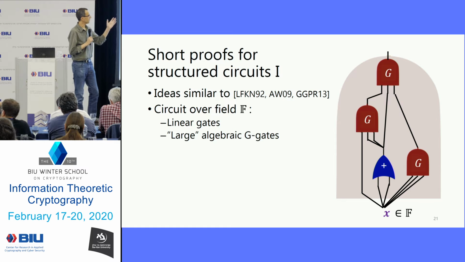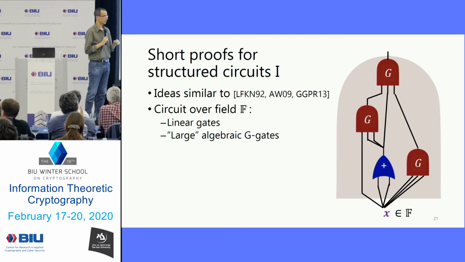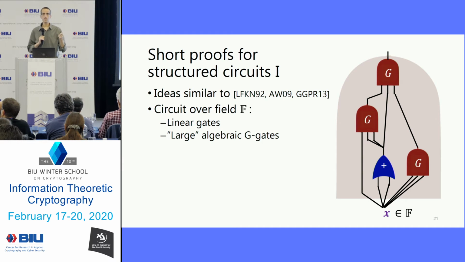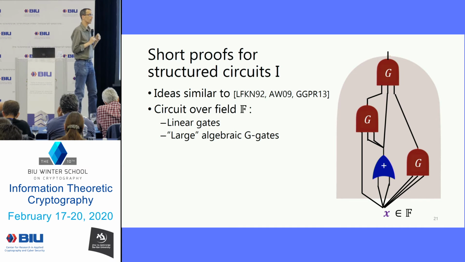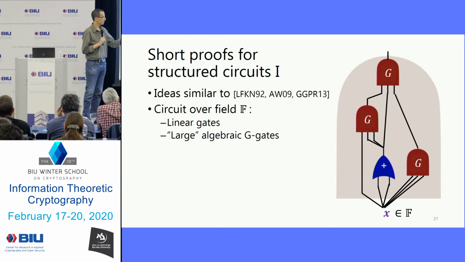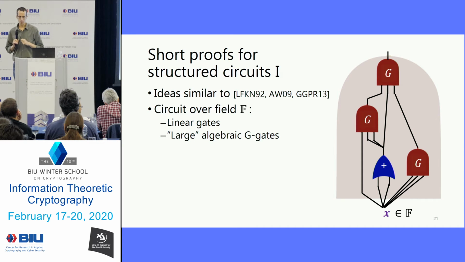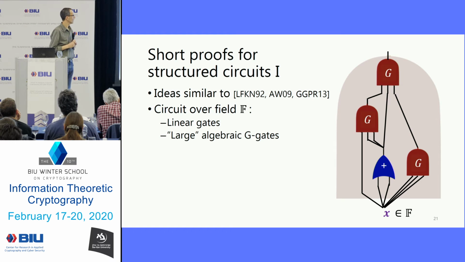We want to prove that given this circuit, and given an input x, the circuit on x will output 0. That's going to be our language. The language is all the inputs, not field elements, but vectors of field elements, all the inputs that the circuit accepts in the sense that it outputs 0.